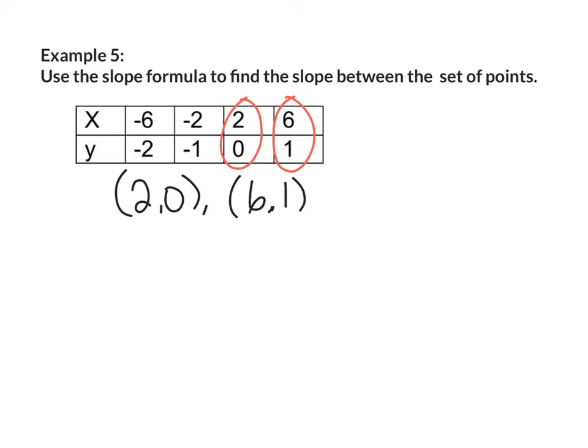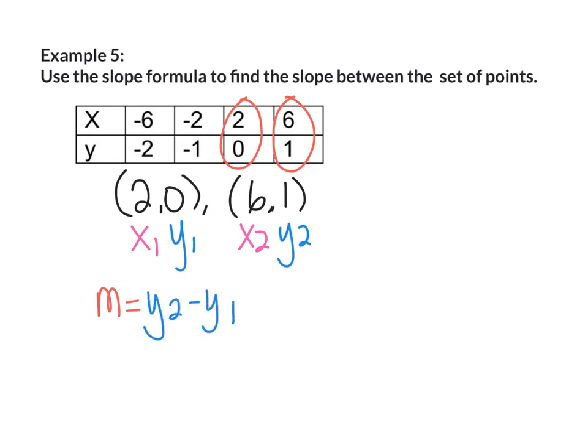I'm going to go ahead and label. I have x sub 1, x sub 2, y sub 1, y sub 2. I'm going to write the formula for slope, which is m equals y sub 2 minus y sub 1 all over x sub 2 minus x sub 1. I'm going to go ahead and plug it in.